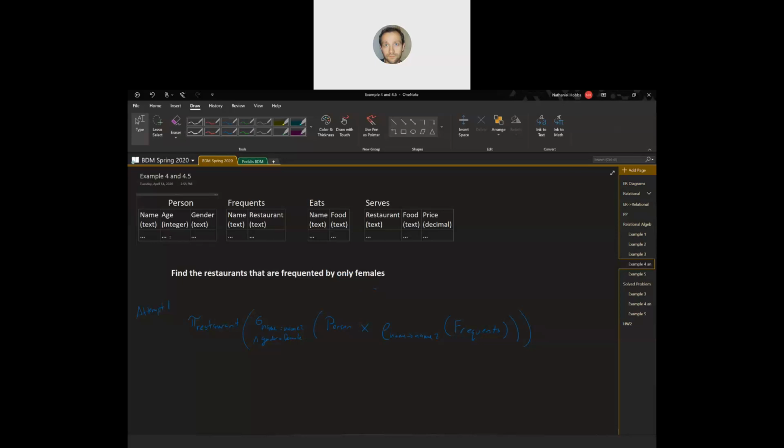I can give a concrete example if people want, or otherwise I don't know if that's enough for people. This results in restaurants frequented by at least one female.